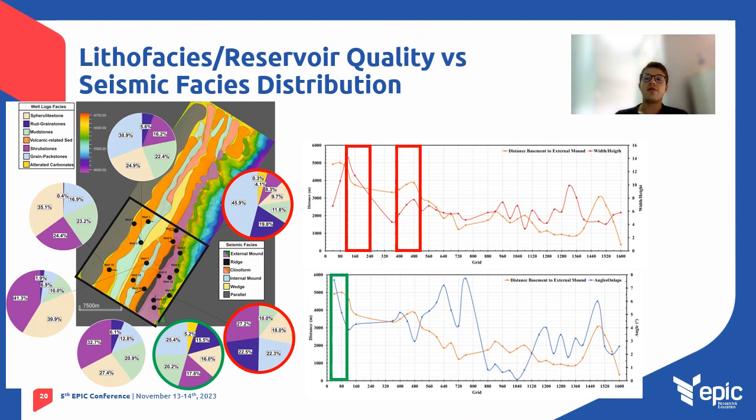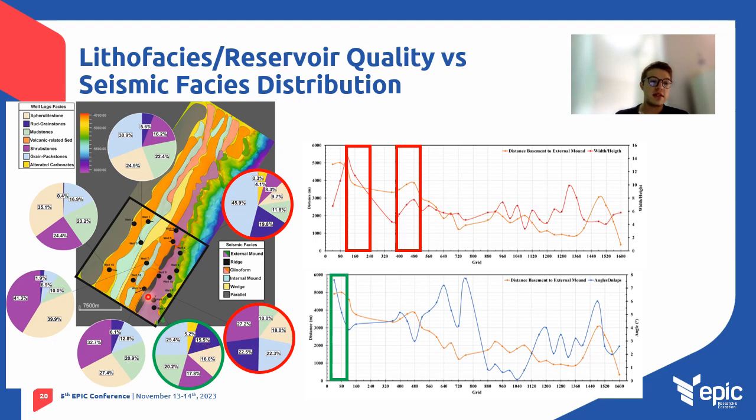For the external mound, the well in green shows us how the distribution of the lithofacies is different from the other two wells in red. Here the lithofacies are mixed, and their percentages are similar. You can see the boundstones, floatstones, and the reworked facies.